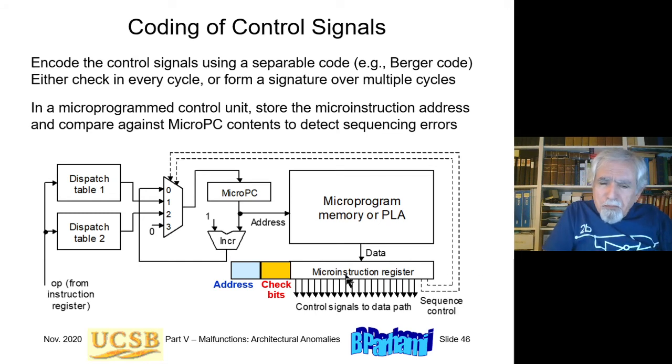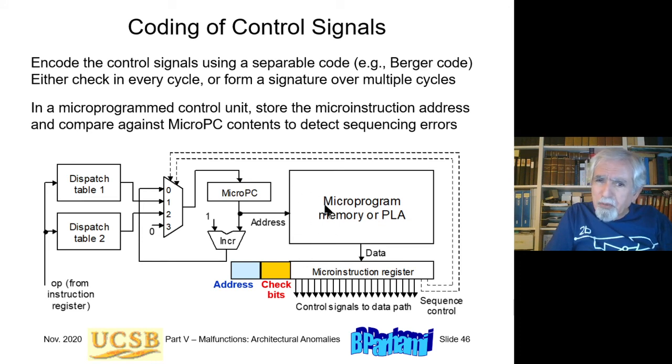The parts that are new here is that the micro instruction can be encoded by using check bits to make sure that the microprogram memory contents is not corrupted. Also, it may contain an address field in it so that when you fetch a micro instruction from a particular address, you can ascertain that it actually came from that address.